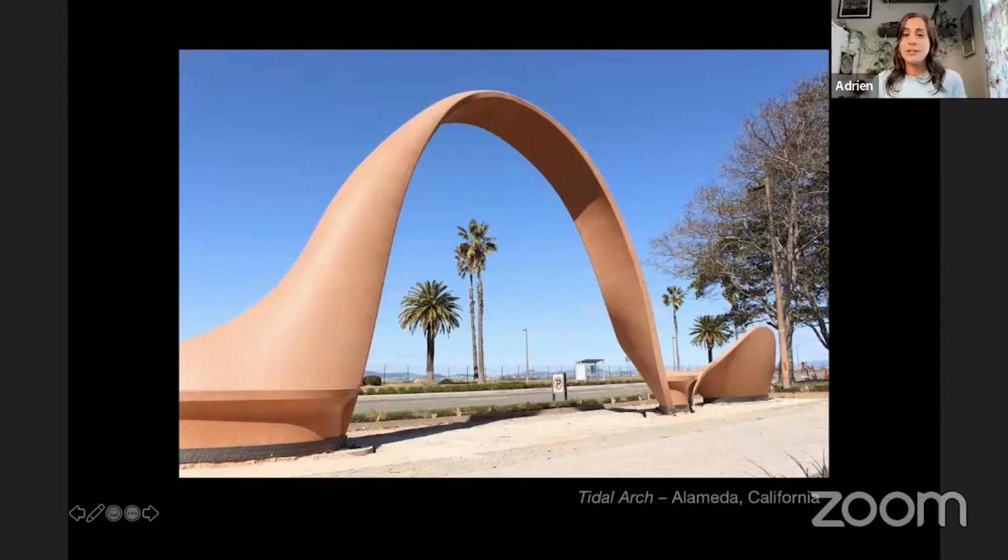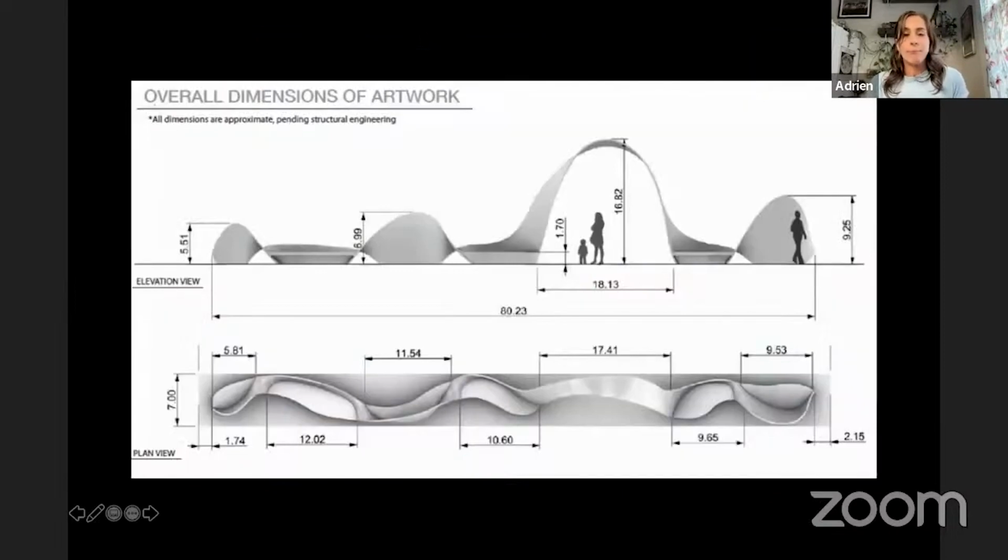Jumping forward, this piece was installed this last year in 2022 in Alameda, California. It's revisiting tides, but from a very different perspective, and also in a large permanently installed public artwork.